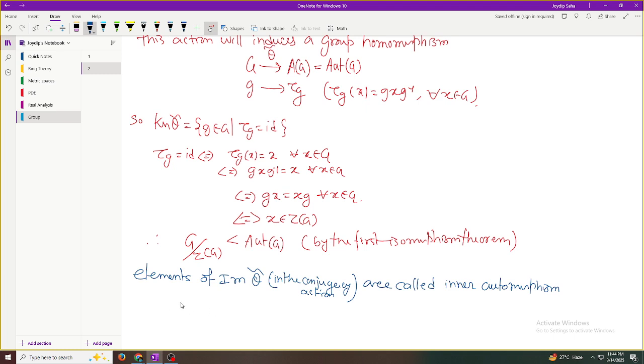So the image of theta tilde will be denoted by Inn G, the set of all inner automorphisms.